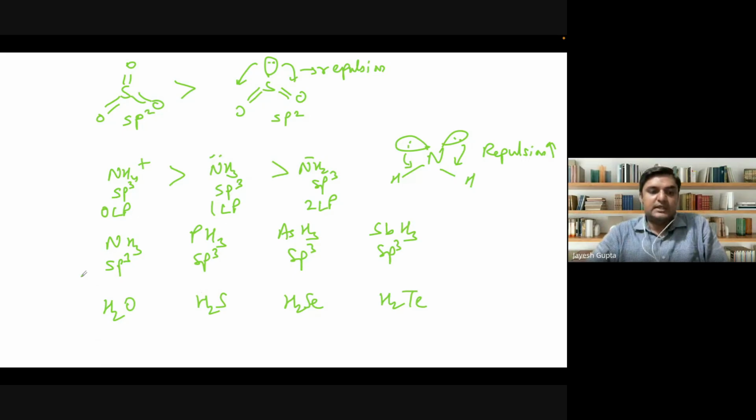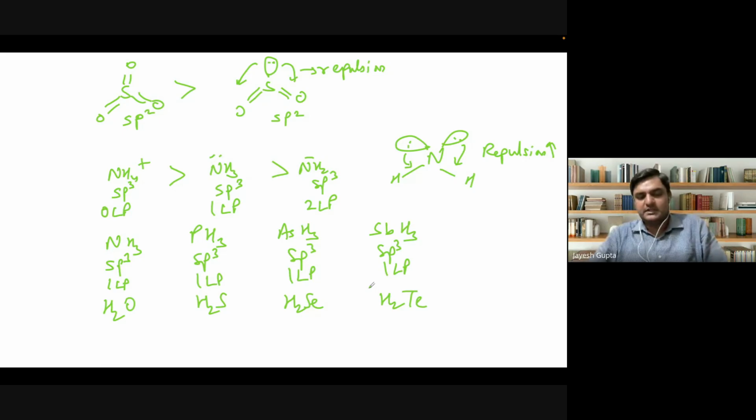Here hybridization is the same, and lone pair is also the same, because all have 5 electrons in their valence shell, 3 used in bonding and 2 remaining. So here also one lone pair in each. Even the lone pair did not give you the answer. Then the next thing I told you, you have to look for the change in central atom or side atom. Either of them can be changing.